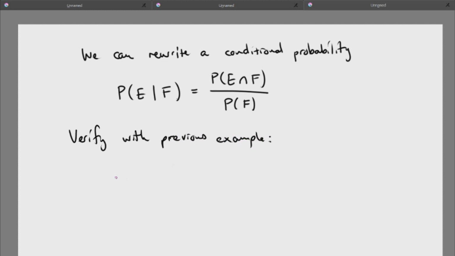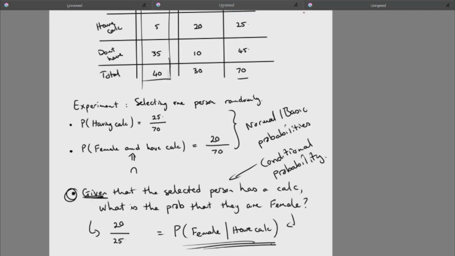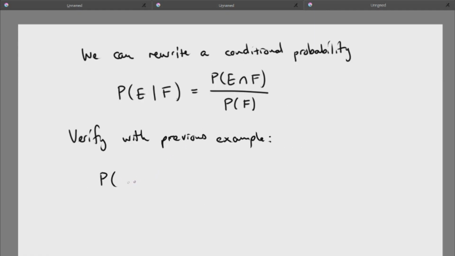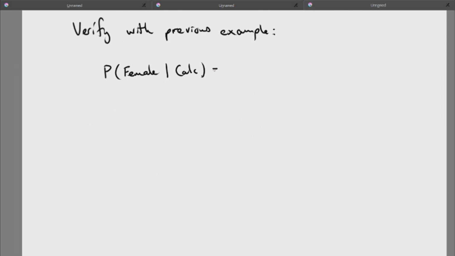So our probability was female given they have a calculator. Let's use, instead of doing it directly, which sometimes we're not going to be able to, let's use a formula which creates a fraction of two normal probabilities.